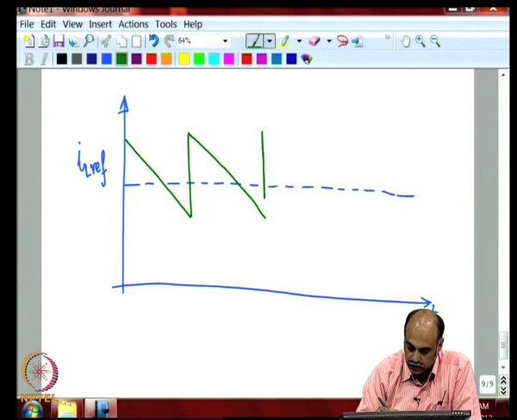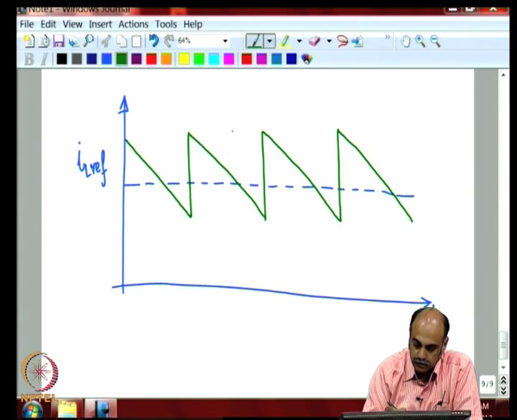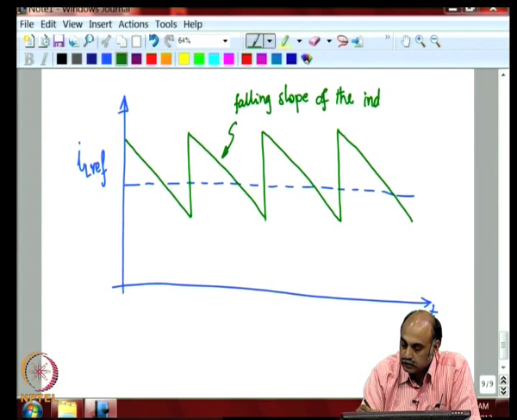It is having an inverted sawtooth shape, and what is the slope of this? This will be the same as the falling slope of the inductor current.